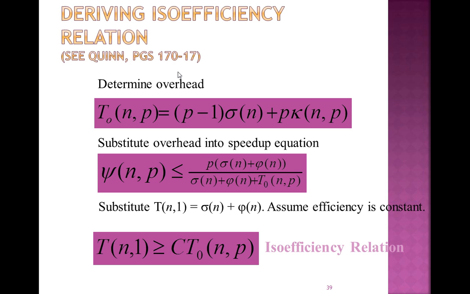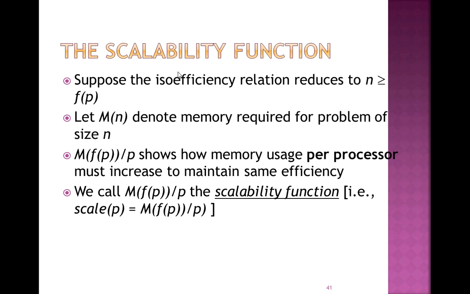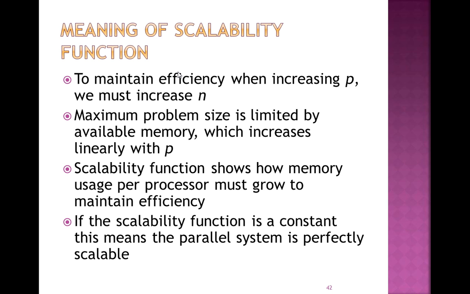How we can derive it, these are the main steps that we have discussed. We also discussed deriving the isoefficiency relationship. This is the usage. Next, we discussed the scalability function, that is, how we can use the scalability function and what formula is used for it.